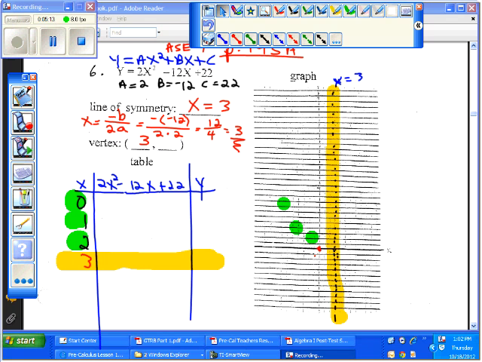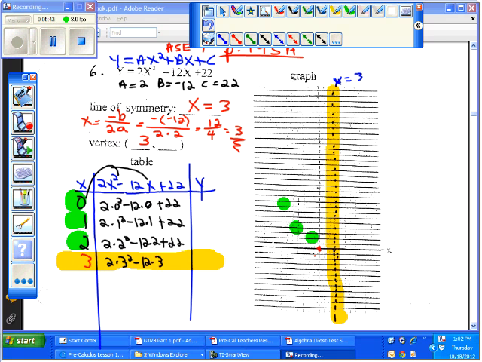And now what we're going to do is plug into my equation to find those 4 values. So we're going to have 2 times 0 squared minus 12 times 0 plus 22. 2 times 1 squared minus 12 times 1 plus 22. 2 times 2 squared minus 12 times 2 plus 22. 2 times 3 squared minus 12 times 3 plus 22.